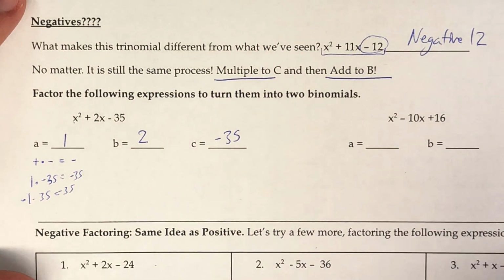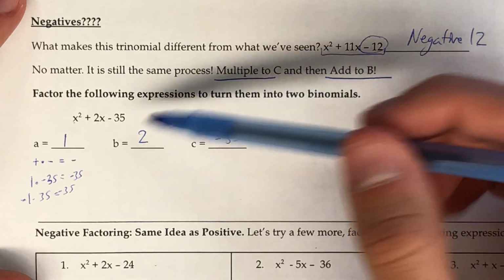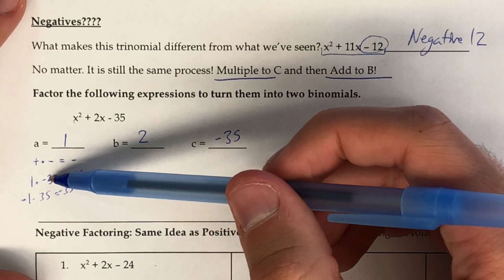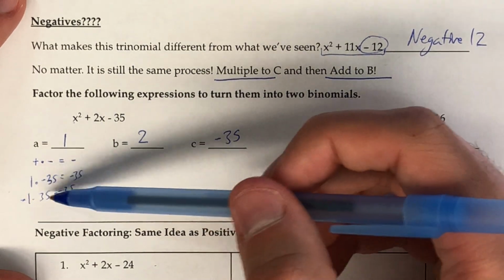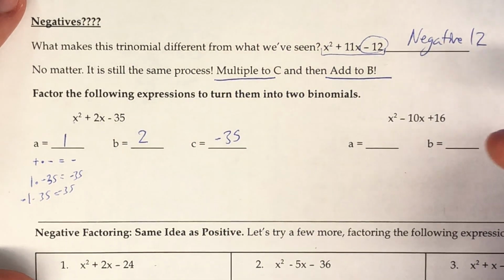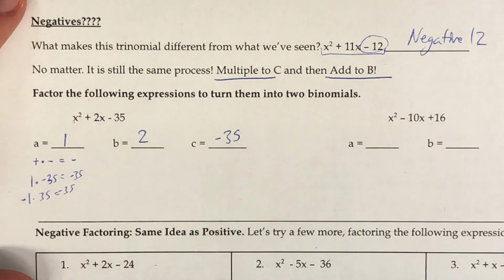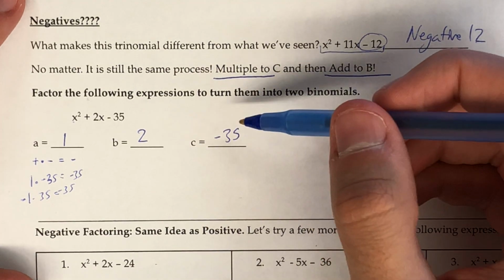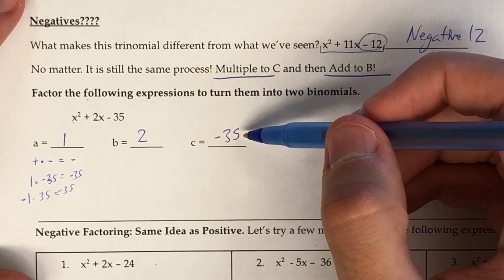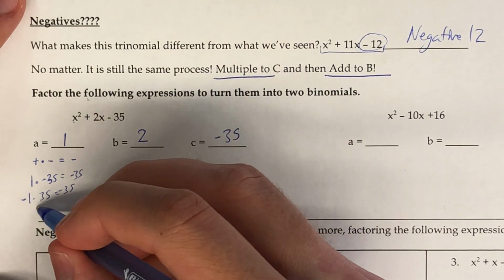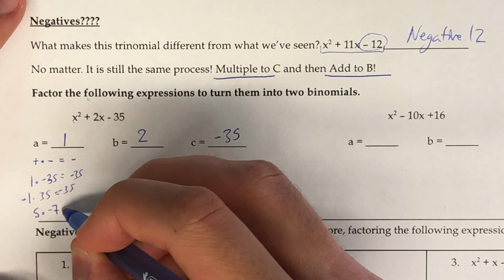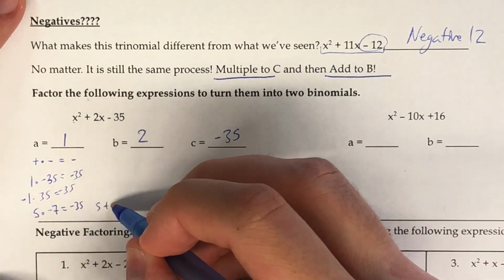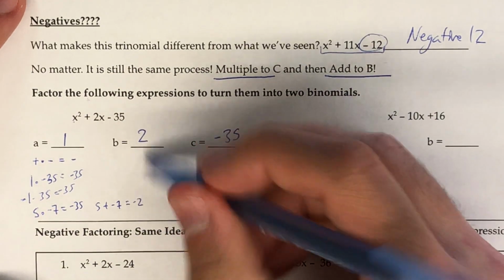So you have to think about it in both ways as you're determining what multiplies to c and adds to b. In both of these cases, it doesn't work because 1 plus negative 35 is negative 34. Negative 1 plus 35 is positive 34, so it doesn't work out. So let's think about our other factors, other things we can multiply to get to c. 2 times something doesn't work, 3 times something doesn't, 4 times, 5 times 7, or 5 times negative 7 would give me negative 35. 5 plus negative 7 is negative 2, so we're close.